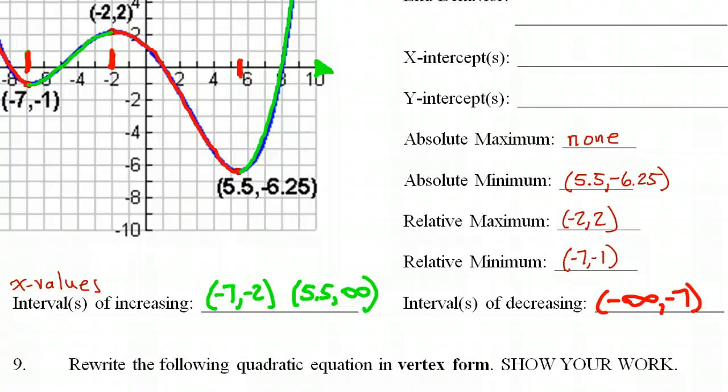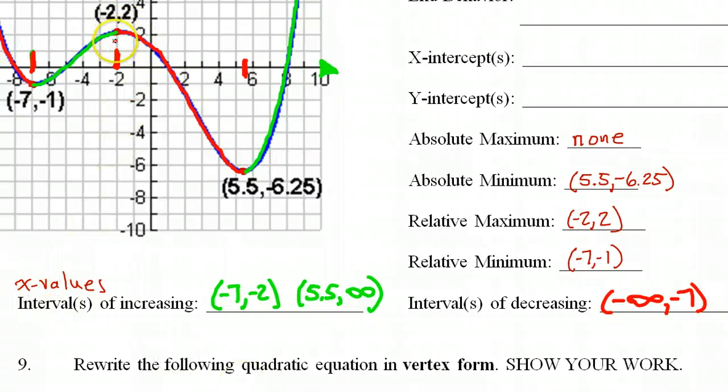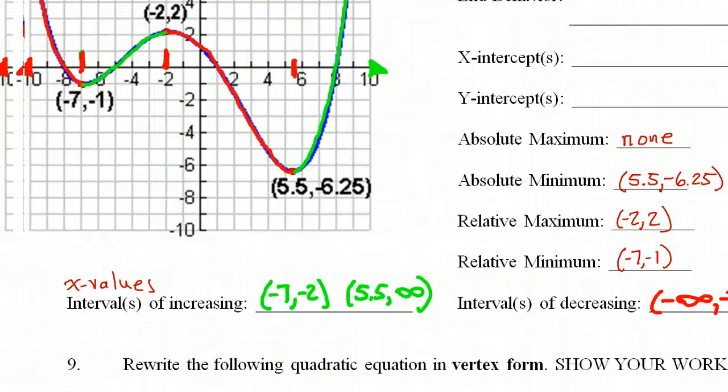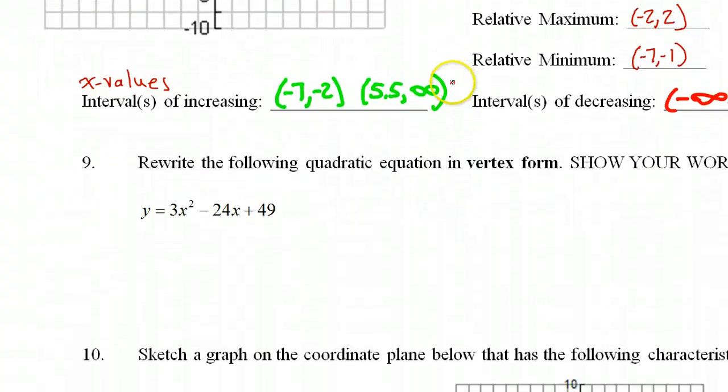Again, we're supposed to be only doing x values, so instead you say here to here, negative 2 to 5.5. So that's the other decreasing interval, negative 2 to 5.5. Okay, that is how you do that.